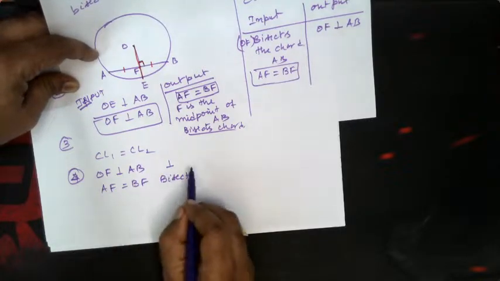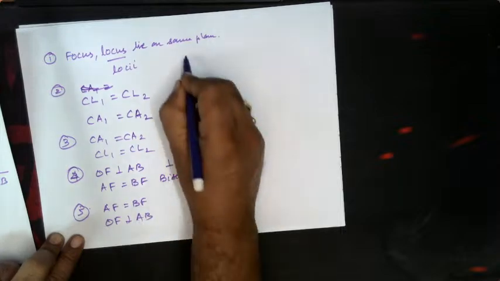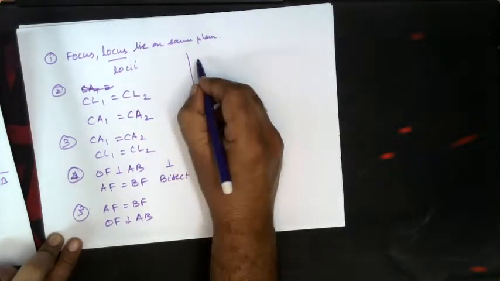Then the fifth point. This is the converse of the previous theorem. In this case AF is equal to BF means OF is perpendicular to AB. Do you understand? This is the easy way you can remember all these theorems. Sixth one. What is the sixth one?